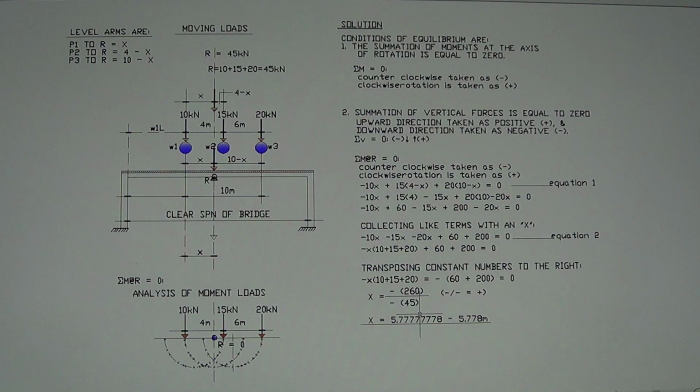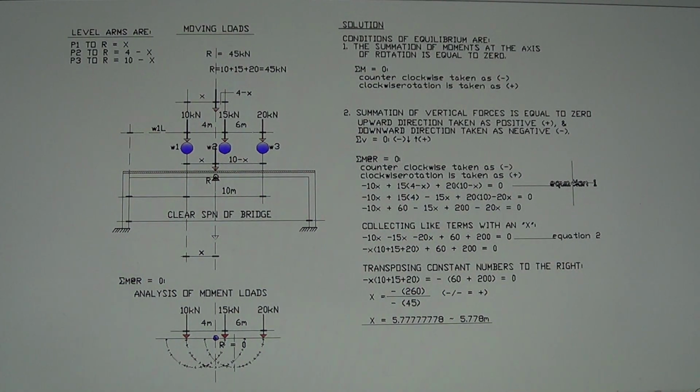So this is positive, and the answer is 5.7778, and then you round it off to the nearest 5.778. So when you check this in any of these equations, that would be 0 equals 0, but there are round-offs, so don't worry about a very small remainder sometimes. It's because the calculator rounds up.